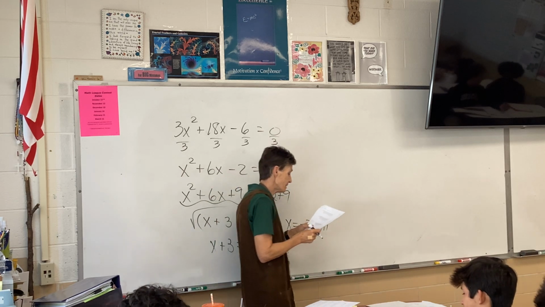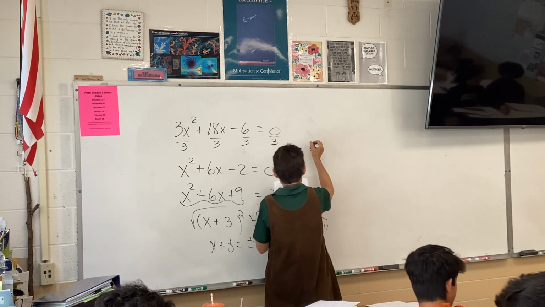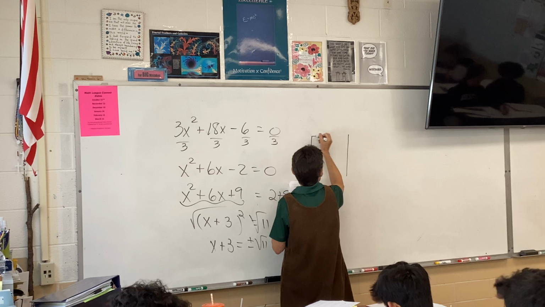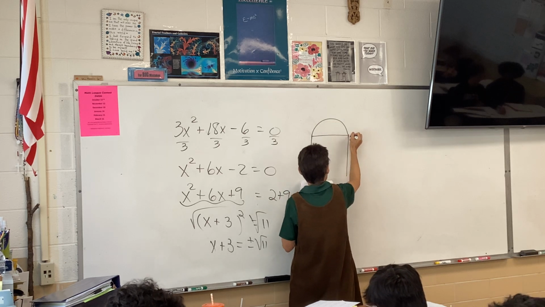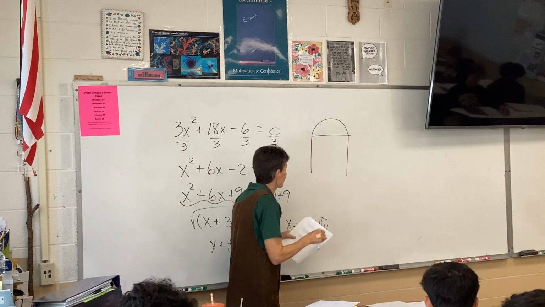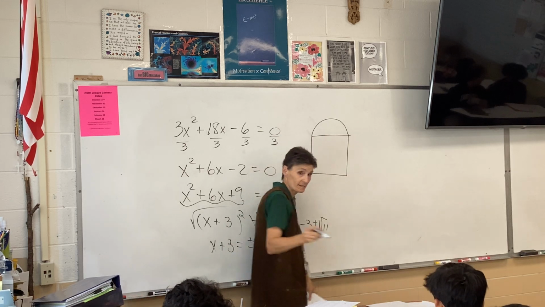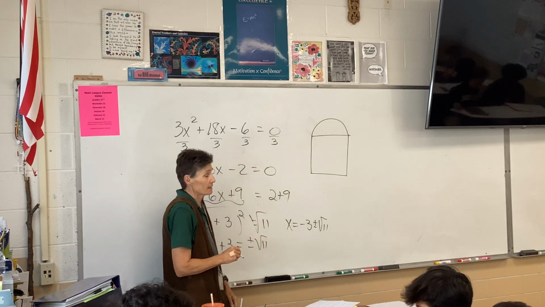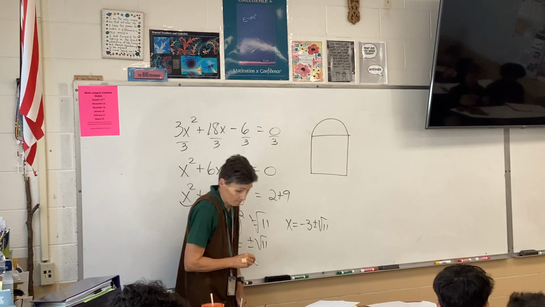Alright, find the dimensions of this window. Okay, so we are on page 7, and we are ready to tackle this problem. This one's gonna be kind of yucky, but we can do it.